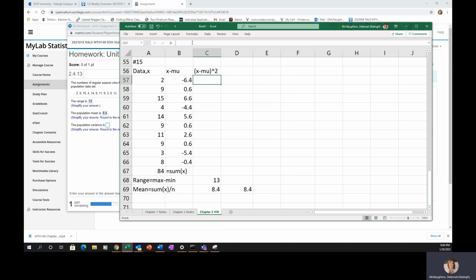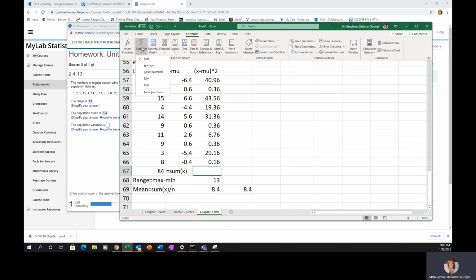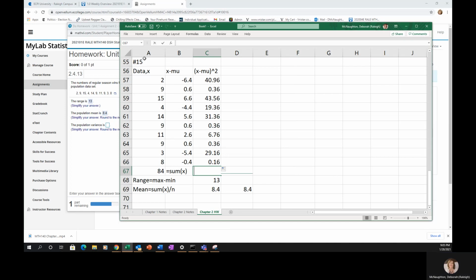So that is this number squared. And now I can copy that formula. And then I need the sum of these. So then I can do my formulas and I can just auto sum that. And that's the sum of x minus mu squared.